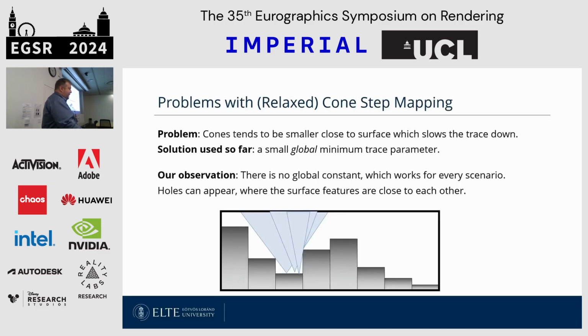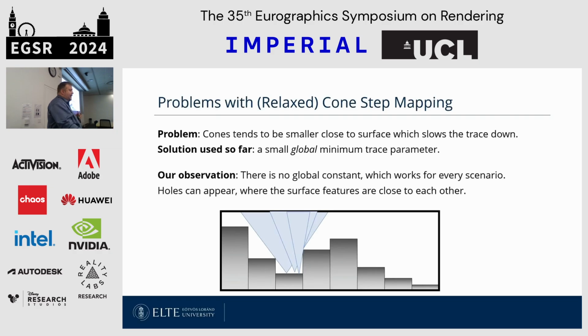But there are problems with these techniques. For example, cones tend to be smaller close to a surface, and the solution for that was originally, in the previously mentioned papers, a global minimum trace parameter.